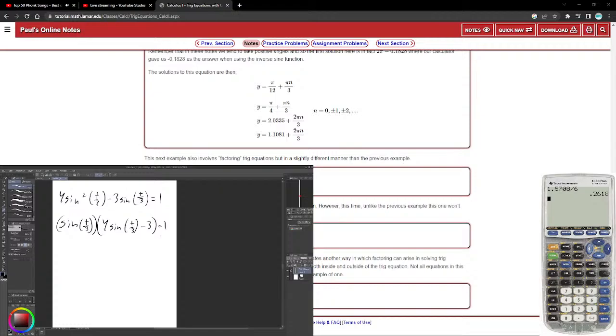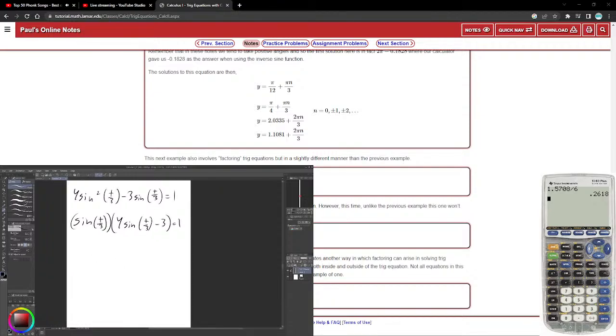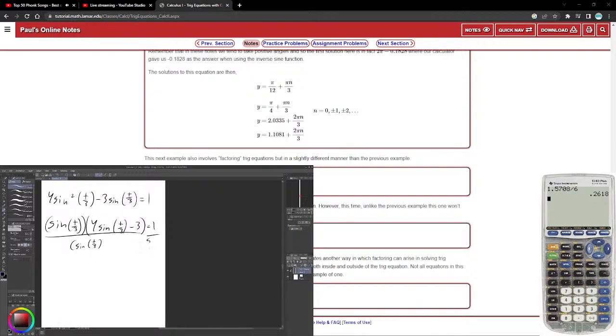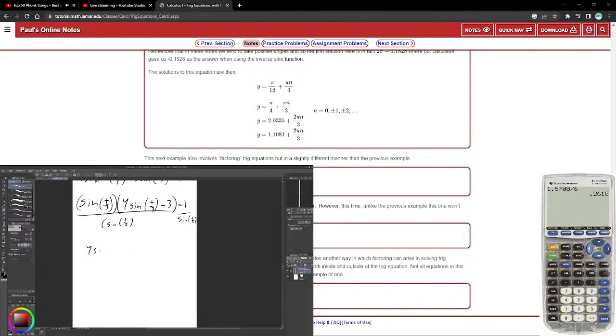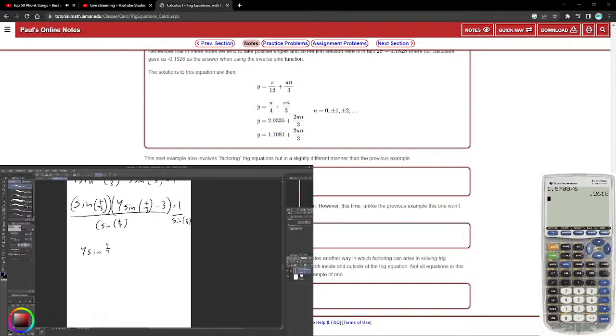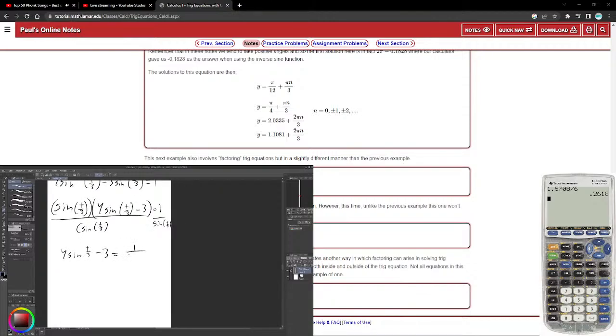Does this help? Wait, if I did sine t over 3, 4 sine t over 3 minus 3 equals 1 over sine t over 3.